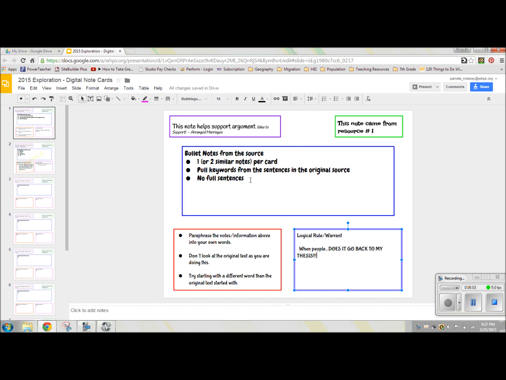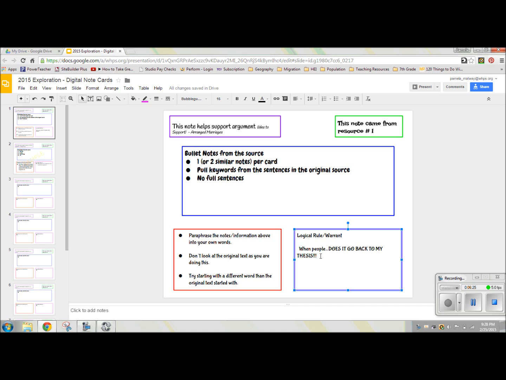How does this piece of information prove that or explain that women are treated unfairly? How does this piece of information prove that or explain how there's no love in marriages? How does this piece of information explain that both people are to blame in this disagreement?